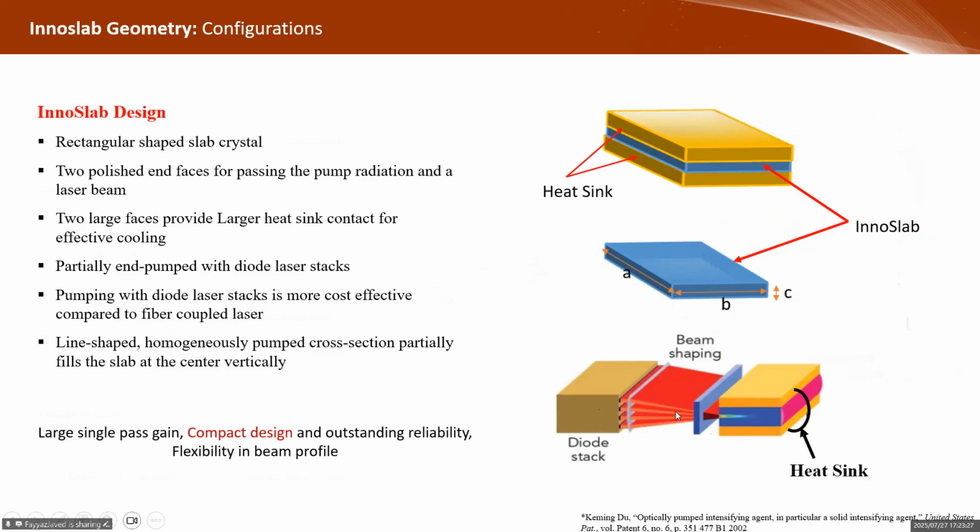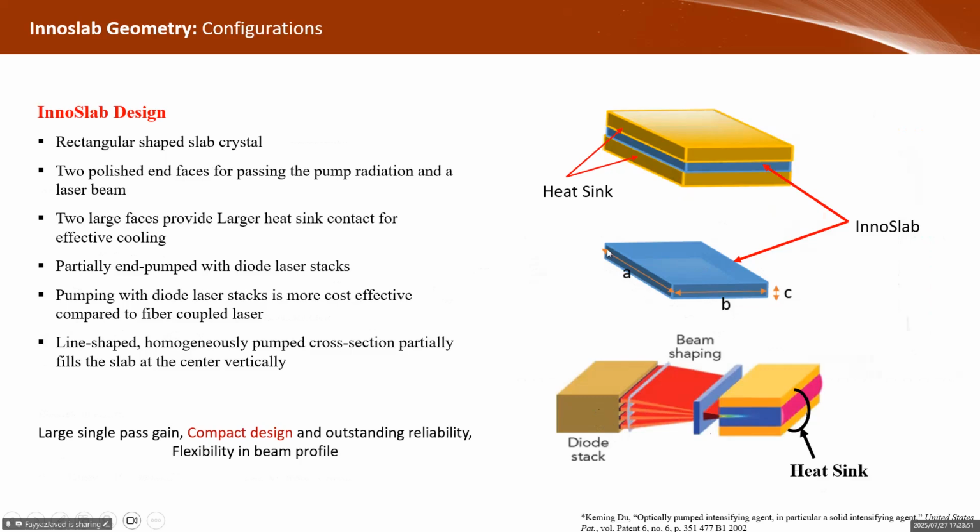It is shaped by cylindrical lenses into a sheet which covers the whole length of the crystal, the A face along the x-axis, completely filling it. But along the y-axis, that is the thickness, it only partially fills the middle.